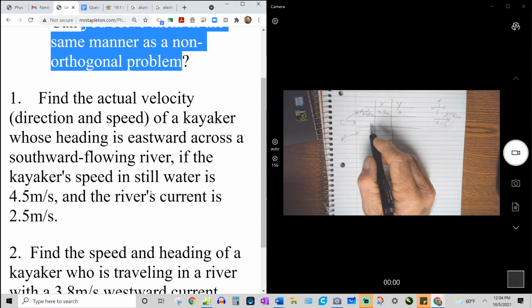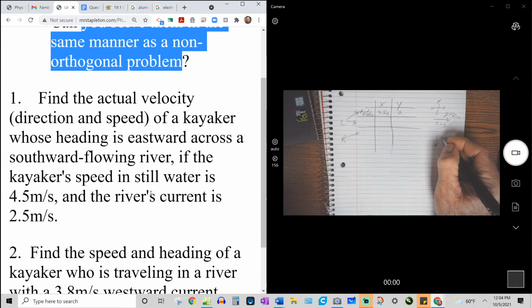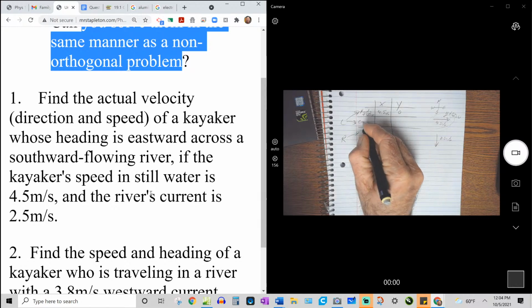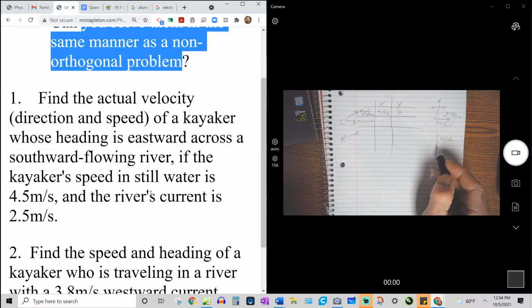Now the other component vector is the river's current, and it says it's a southward flowing river. So here's the river's current. It's going south, and that's at a rate of 2.5 meters per second. So the current, it's got a y component but no x.